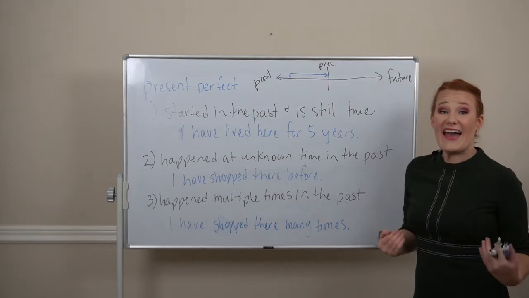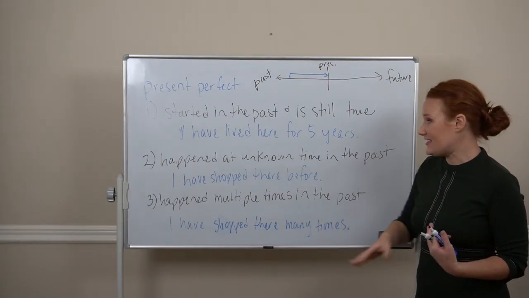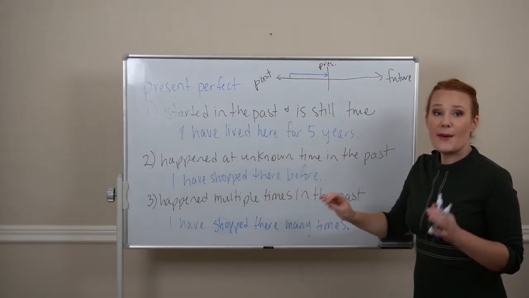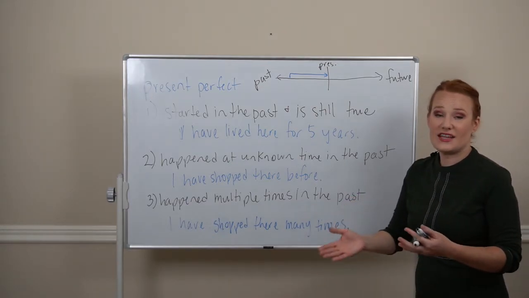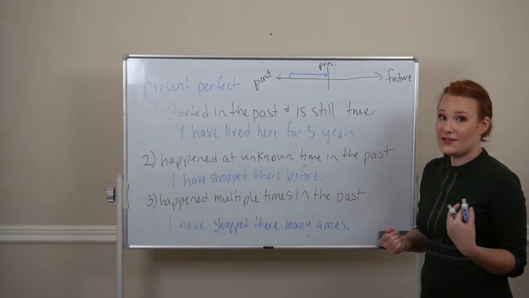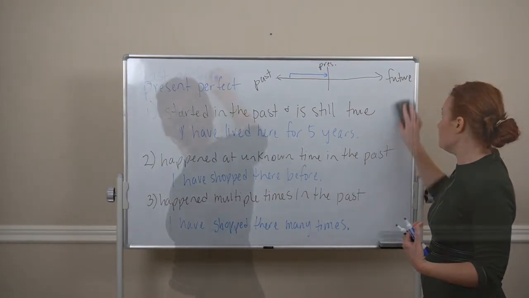So if we swap to past perfect, it has these same uses, but our time reference point is now sometime in the past. So let me show you some examples.